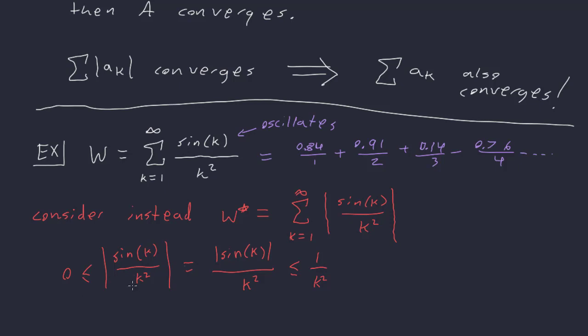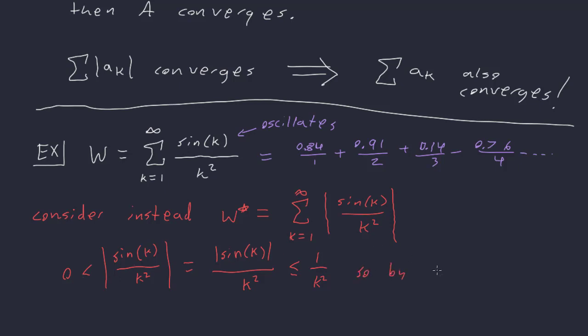Actually, it can't be 0, because the only way it would get to 0 is if we put a multiple of pi in here, and we're never going to get a multiple of pi by just putting in natural numbers. So this will always be positive.